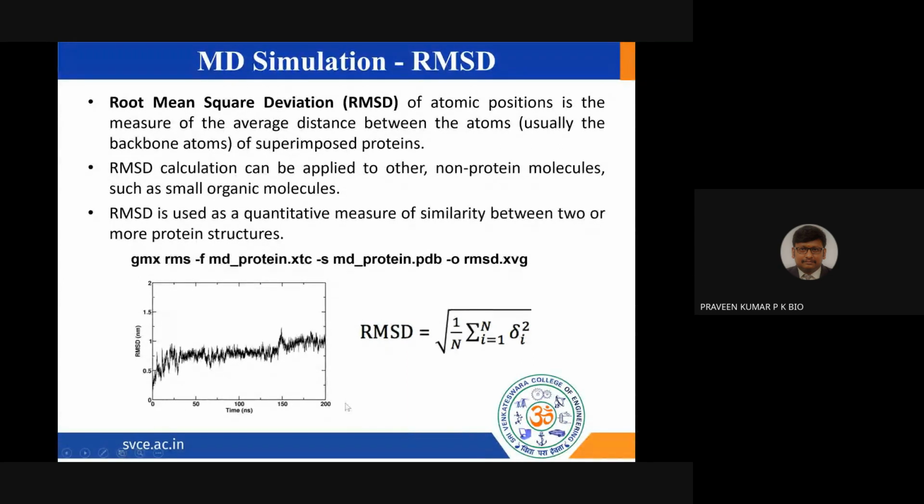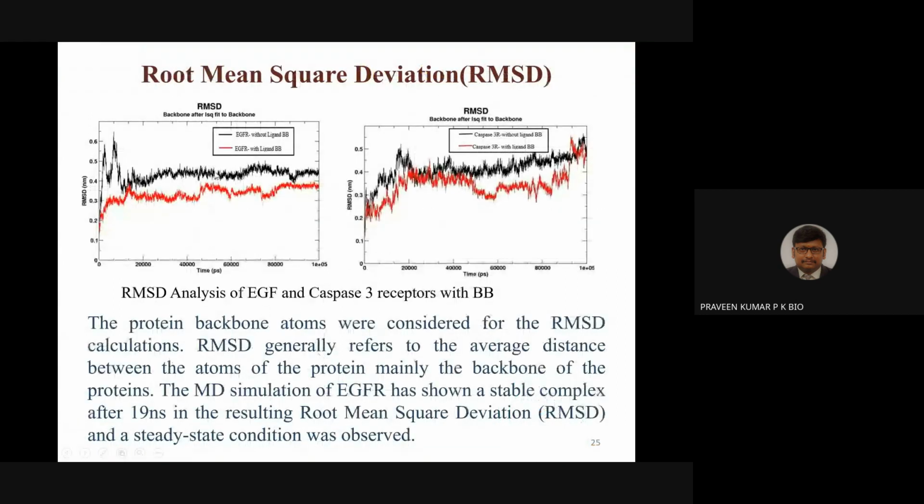Here I ran for 200 nanoseconds, and this is one such output. If you see the RMSD in the next slide, you will see two different colors. This is an output derived from a published paper. I told you yesterday that I worked with Berivnon B docked with two different receptors of hepatocellular carcinoma.